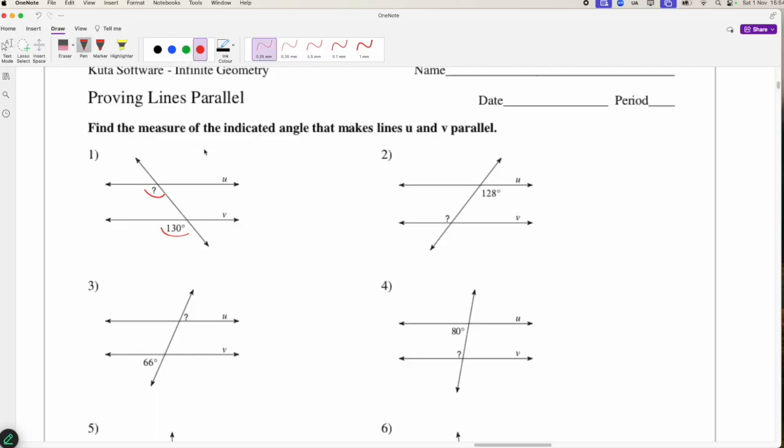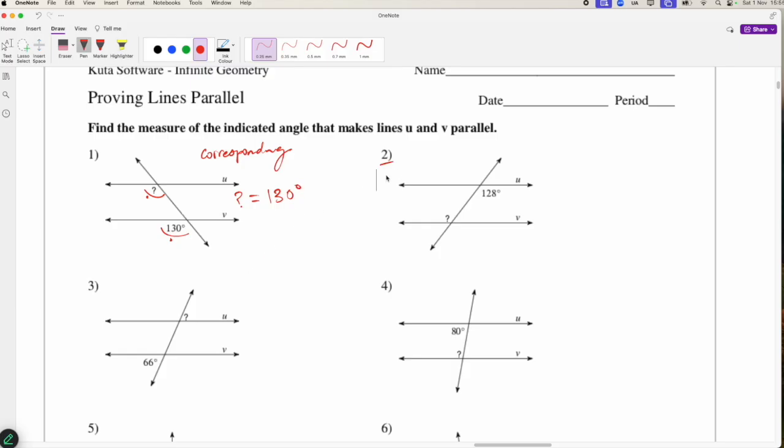Notice that they are both on the same side of the transversal, and they are both in the same place, underneath the parallel line. Corresponding angles are equal, so that angle is 130 degrees.